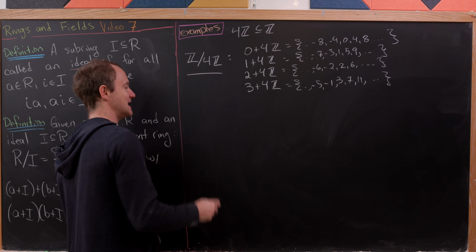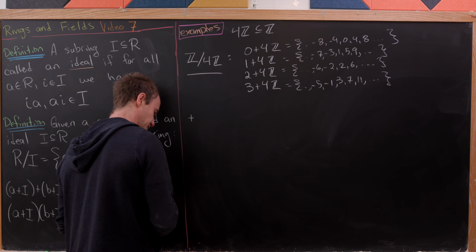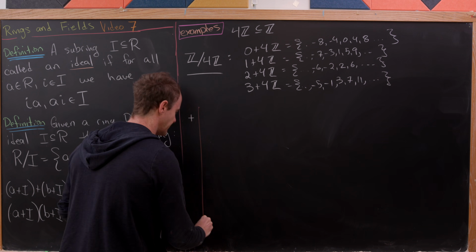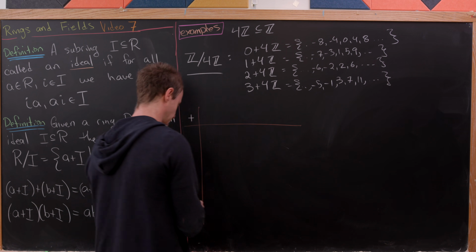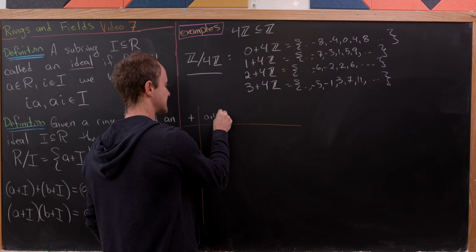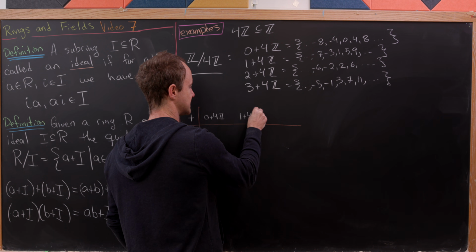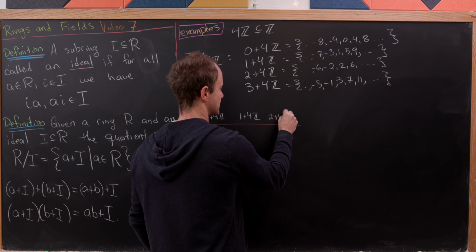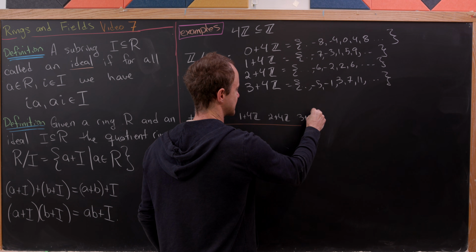So now let's make an addition table as well as a multiplication table and see if we can understand the structure of what's going on here. So here we'll have 0 plus 4z, 1 plus 4z, 2 plus 4z, and 3 plus 4z. So those are all of our elements.